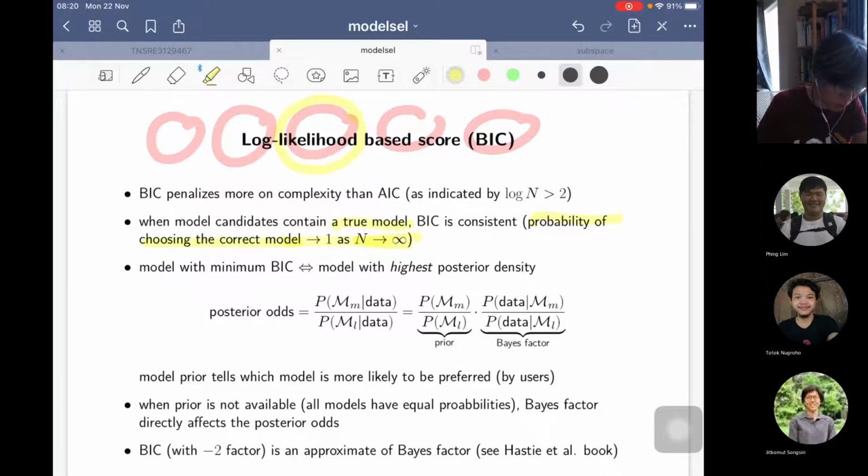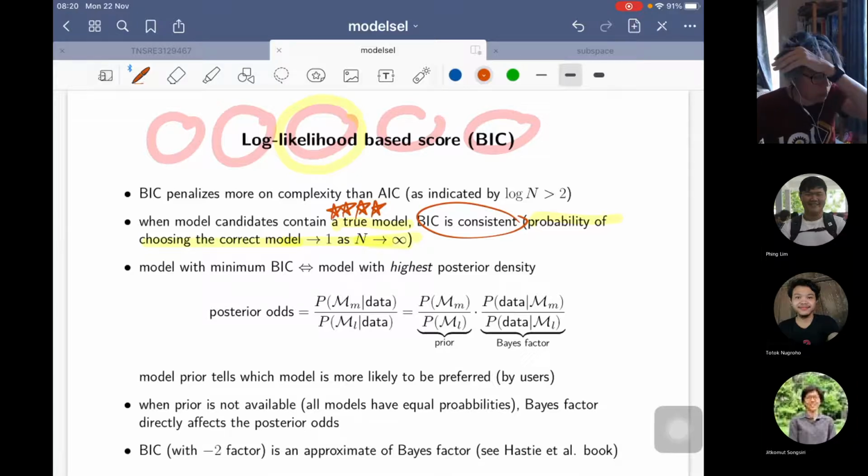With this description, we use the term consistency. So BIC as a model selection score has a consistent property. But this assumption is important: this result is obtained under the assumption that the true model must be one of the choices.